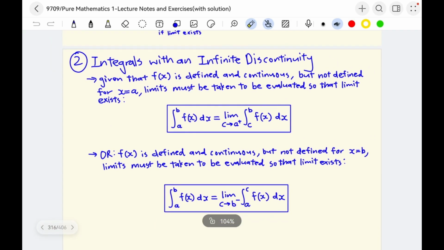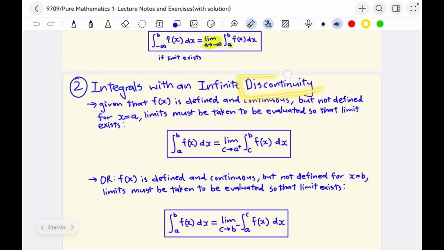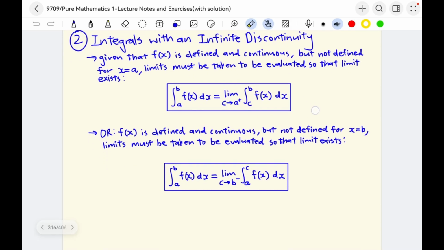Guys, moment of truth. We finally made it to the last segment among pure mathematics one: integrals with an infinite discontinuity. So, about this discontinuity, it depends on the function that seems not integrable, right?